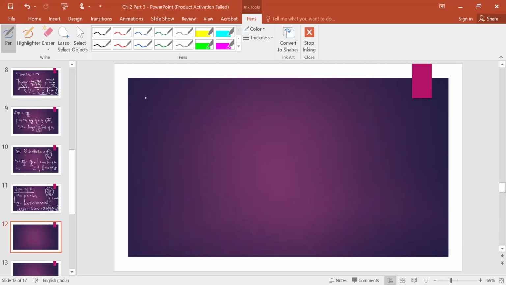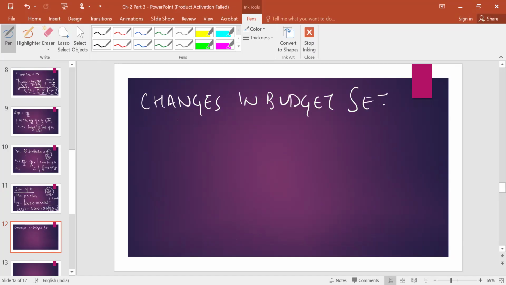Similarly, we can look at changes on the budget side. Let's say my income shifts to m dash.